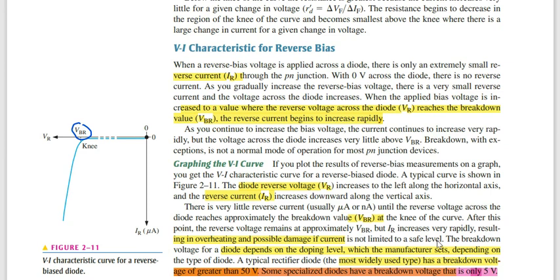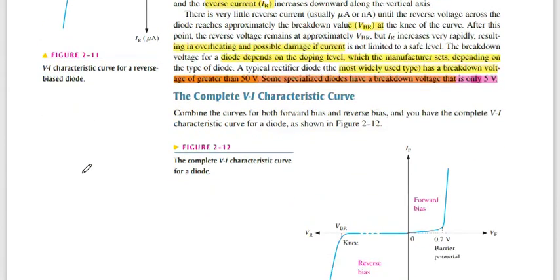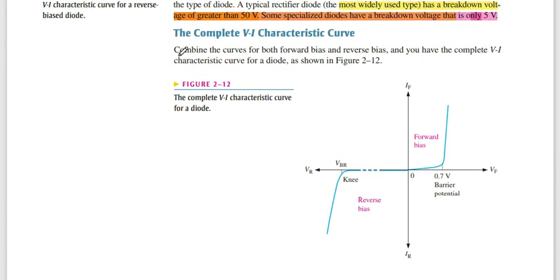When the voltage is high enough and reaches that point, the current will flow through very fast, which can damage the diode. Now the complete VI characteristics curve of the diode.